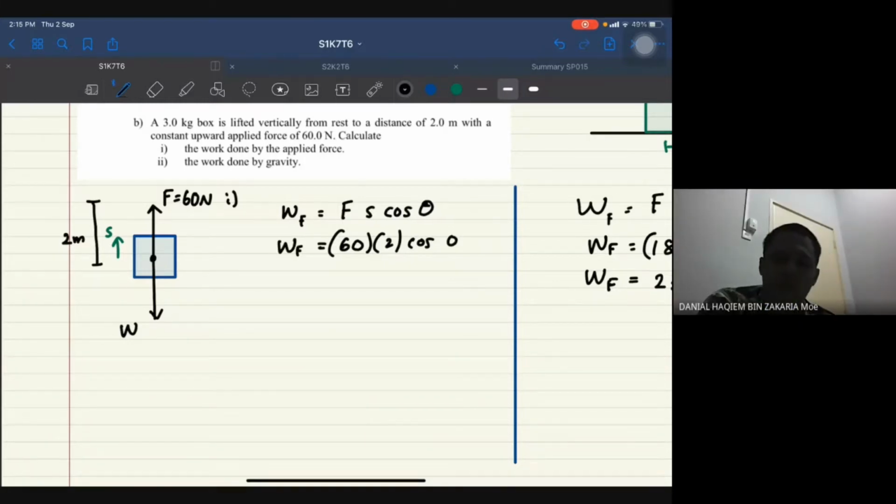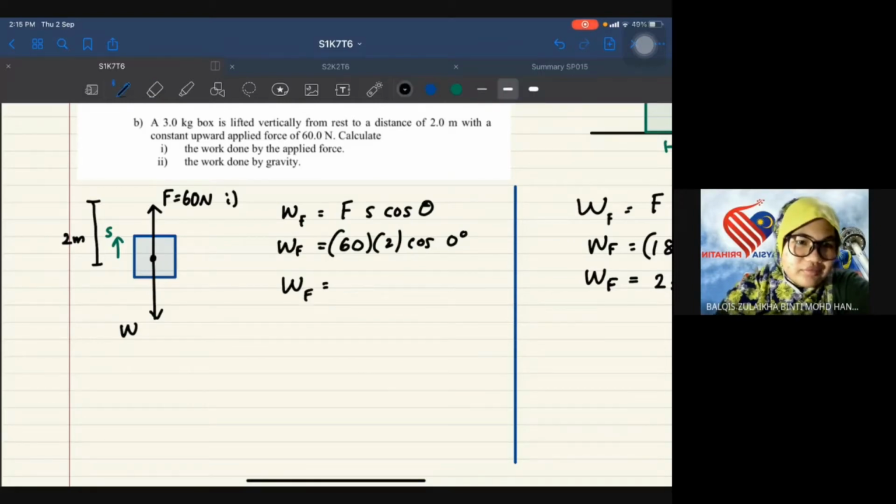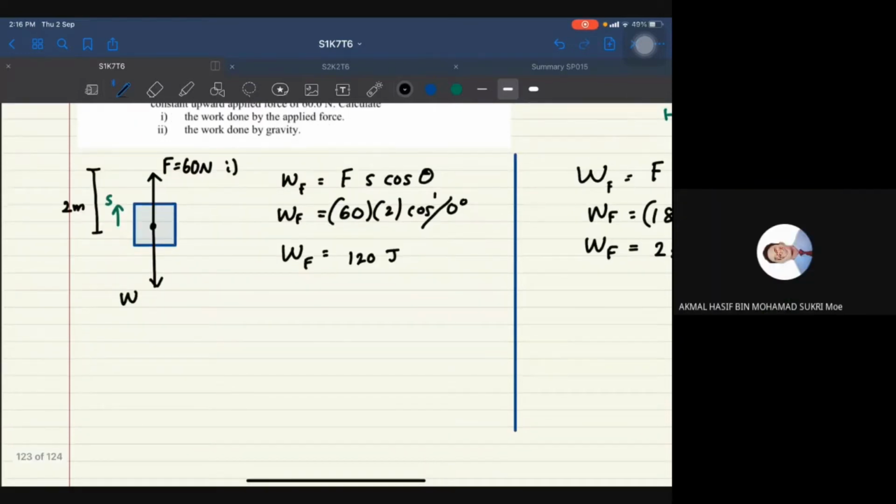Why? Because F and S are in the same direction, both pointing upwards. So the angle between them is 0, and cos 0 is equal to 1. So we get 120 joule. Correct? Yes, that's question 1.